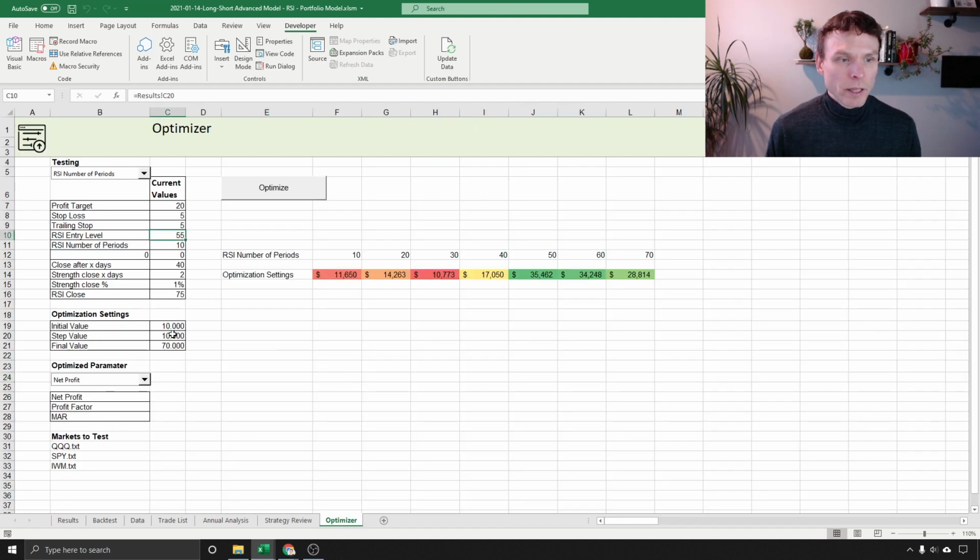RSI entry level here. So let's go and select it. RSI entry level 55. What happens if I looked from 50, let's have a step value of 1 to 60. I'm going to optimize for net profit out of those options.